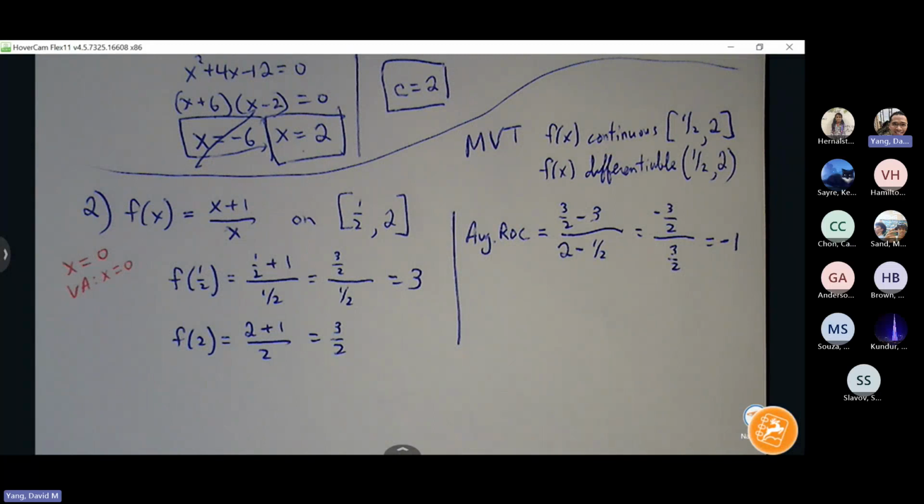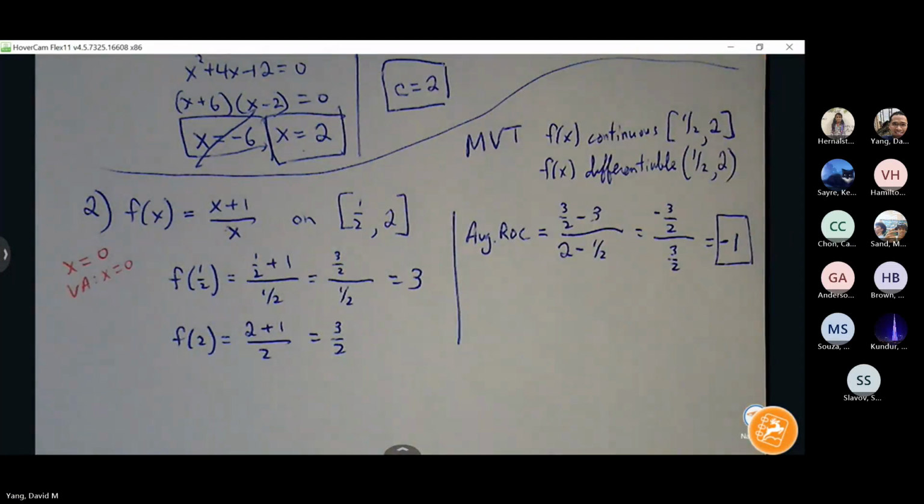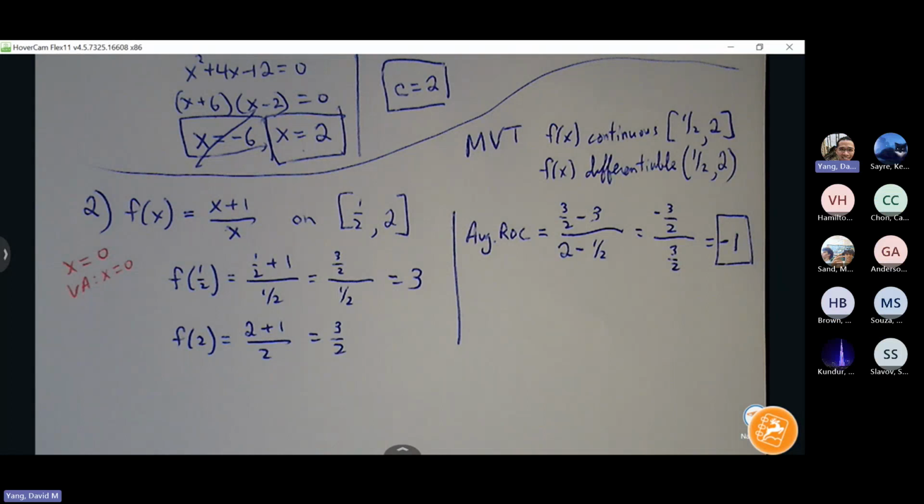So the slope between the endpoints ends up being -1. Set that off to the side.